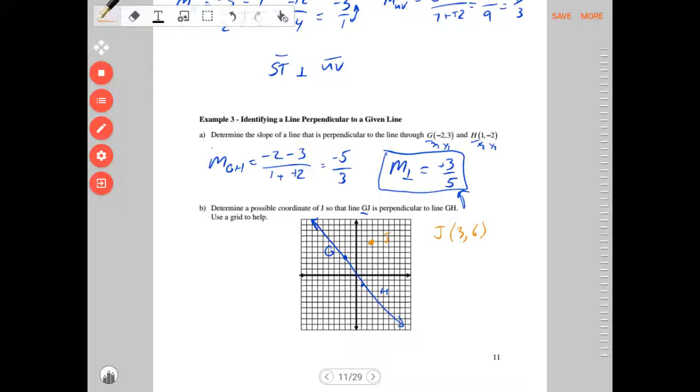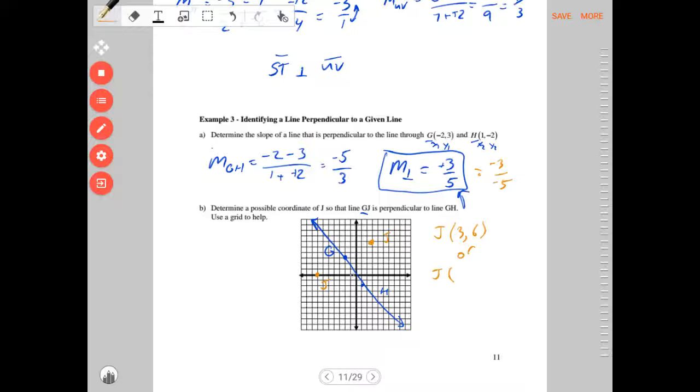Okay. Well, remember, we could also go 3 down and 5 left, right? This could both be negative 3 over negative 5. So I could go 3 down and 1, 2, 3, 4, 5 left. So that's another possibility for J. Now, there's lots of other possibilities, but those are the easiest.